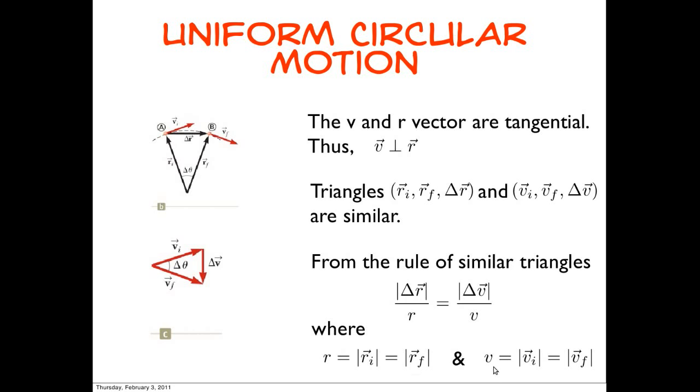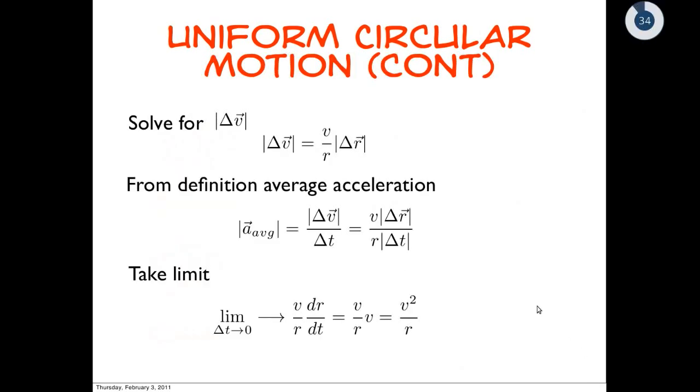And again, for velocity, v is equal to the magnitude of the initial velocity vector, which is equal to the magnitude of the final velocity vector. So all we need to do is solve for delta v. So solving for delta v, we find that the magnitude of delta v is equal to v over r times the magnitude of delta r.